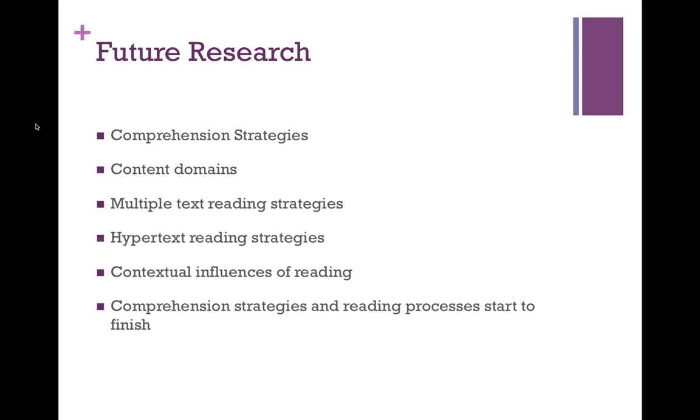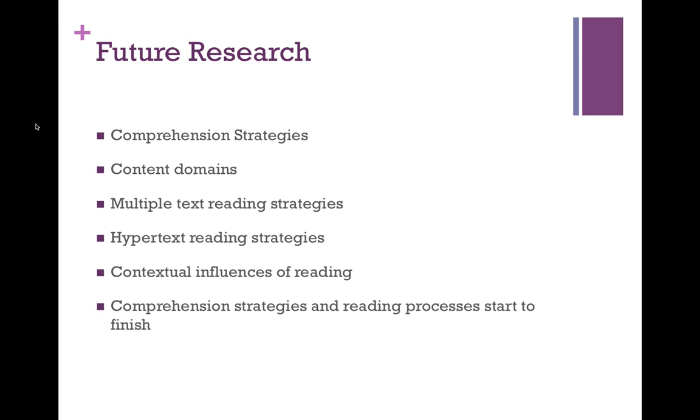And then some areas for future research on comprehension strategies just include more information about them. As we mentioned before, there are a lot of benefits to these and to how we educate young readers. Content domains: how readers' reading is changed when they're reading for specific purposes.